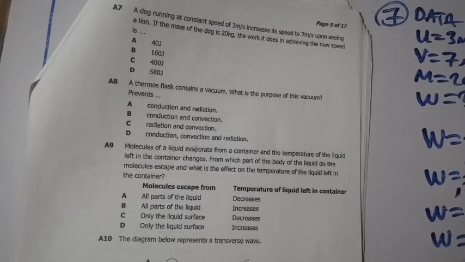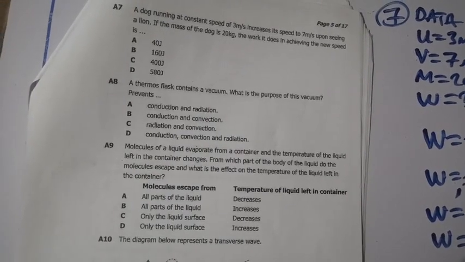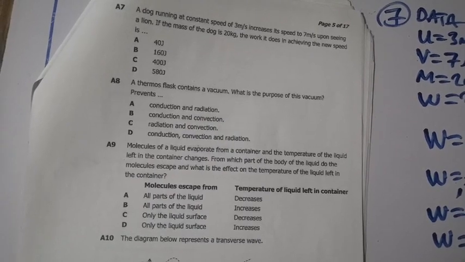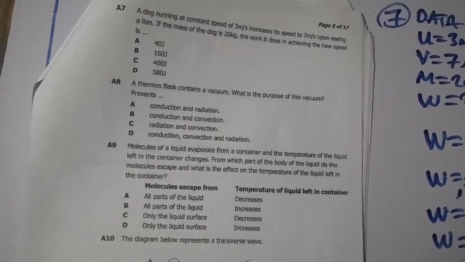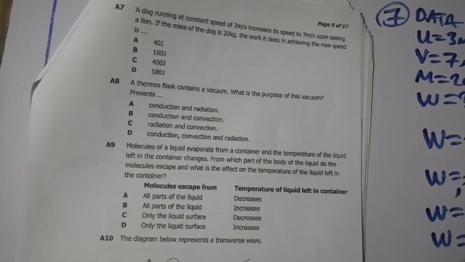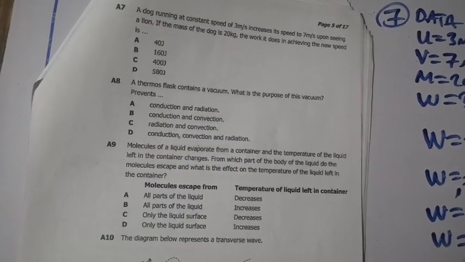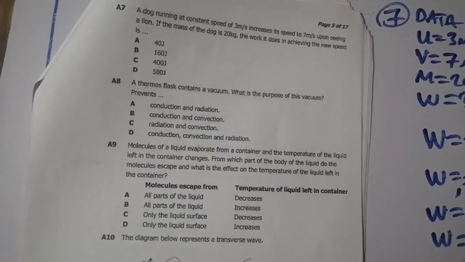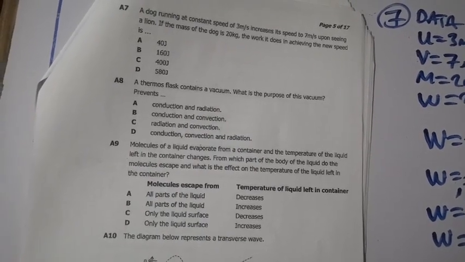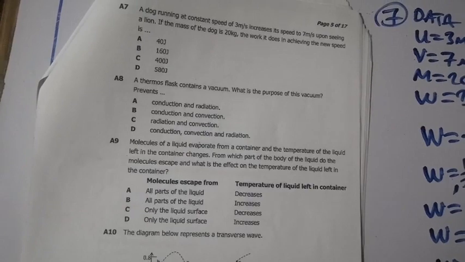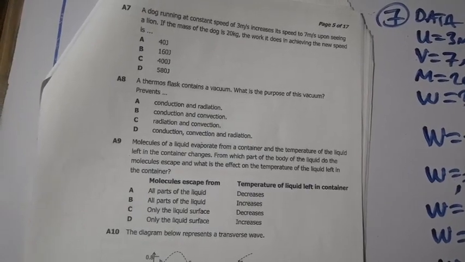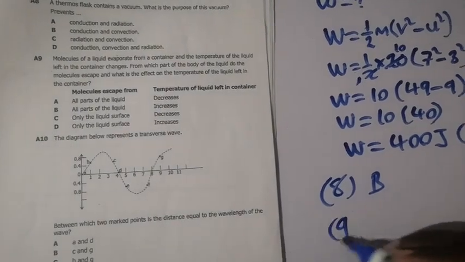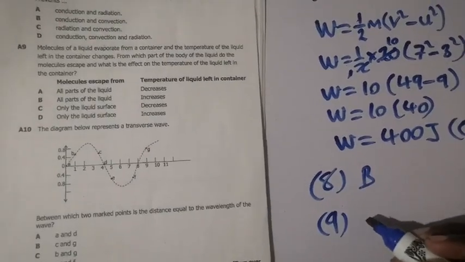Option C, only the liquid surface and temperature decreases. Let's check option D, only the liquid surface and temperature increases. So the correct option here is option C. It takes place on the surface and the temperature will decrease. So number 9, it's option C.